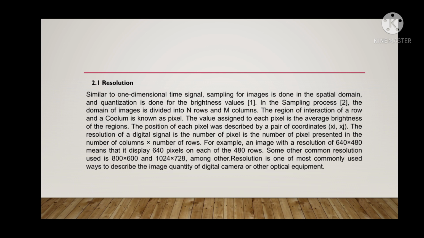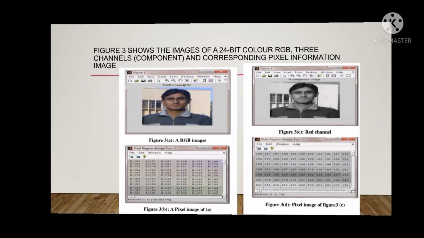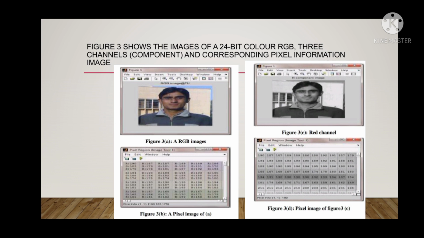Resolution is one of the most commonly used ways to describe the image quality of a digital camera or other optical equipment. Figure 3 shows the image of a 24-bit color RGB, three channel components and the corresponding pixel information image.